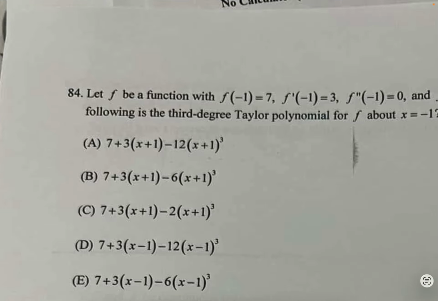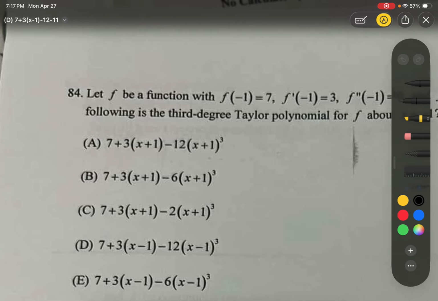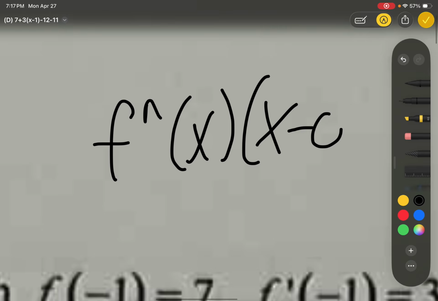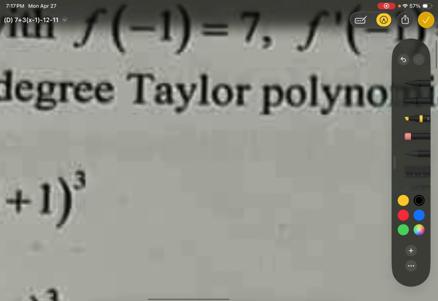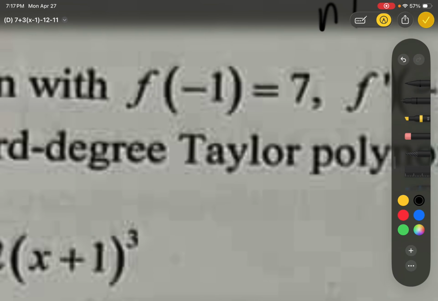So remember that your Taylor series is within this formula: f to the n of x, x minus c to the n over n factorial. So let's start with the zero derivative, the original function.